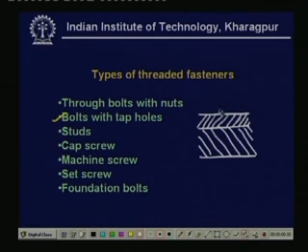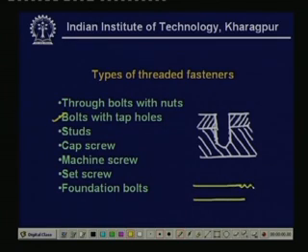We again drill a hole. Now, we introduce here the stud, and the stud has threaded parts on both sides.